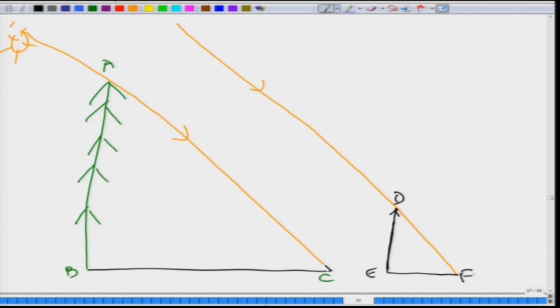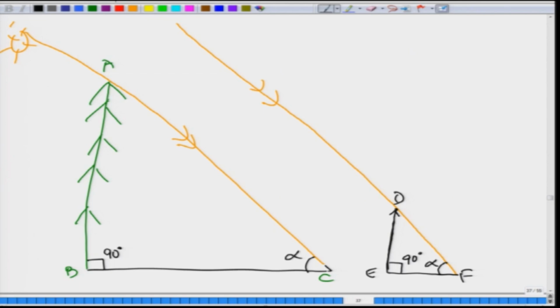Now, because both of these rays are parallel to each other, they will be making the same angle. So, both of these angles are equal. Now, your tree is subtending an angle of 90 degrees with the ground and this stick is also subtending an angle of 90 degrees to the ground. Let us call this angle alpha.